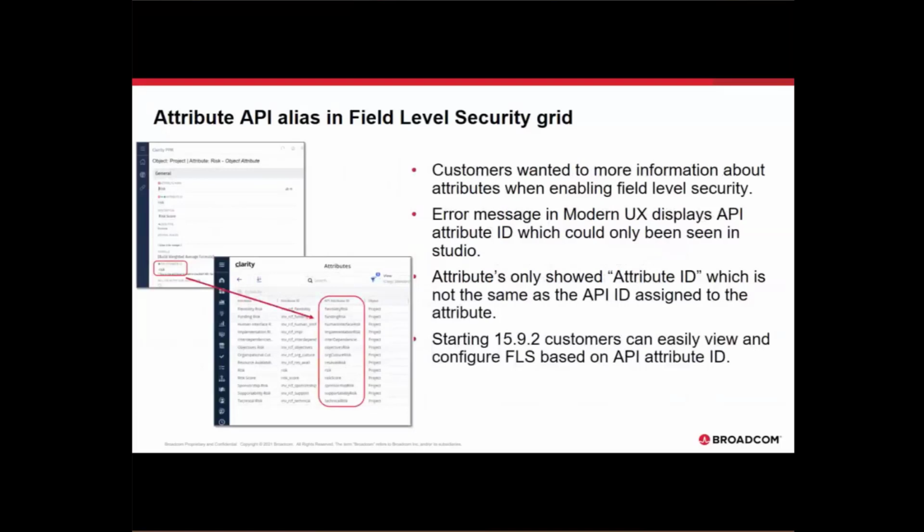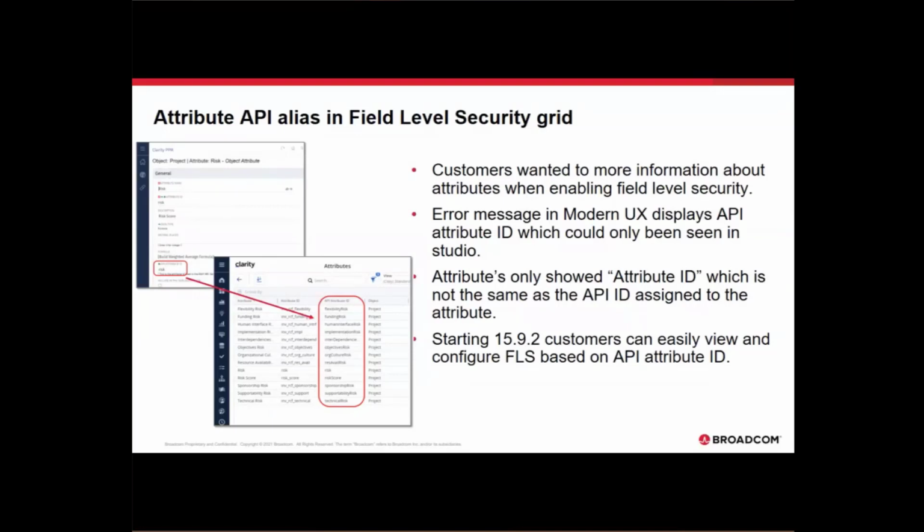And the last item that's included in here is that the attribute API alias field is now available in the field level security grid. Customers that wanted more information about the attribute when enabling field level security will be able to do so based on their API attributes.